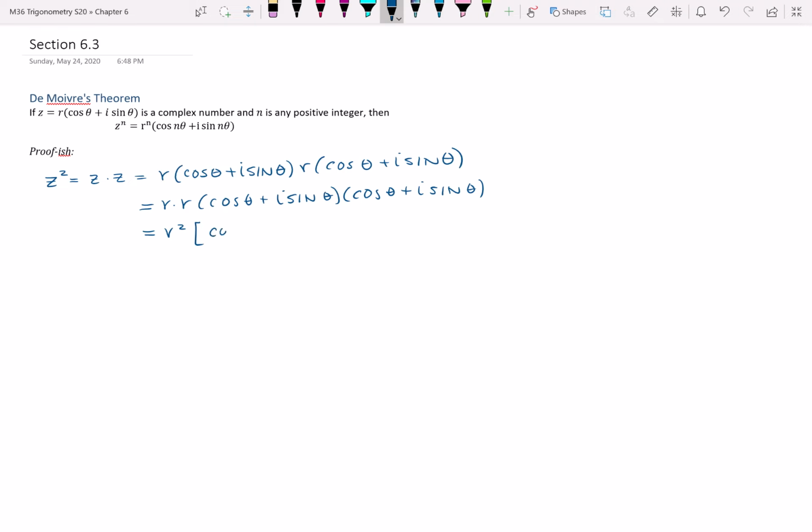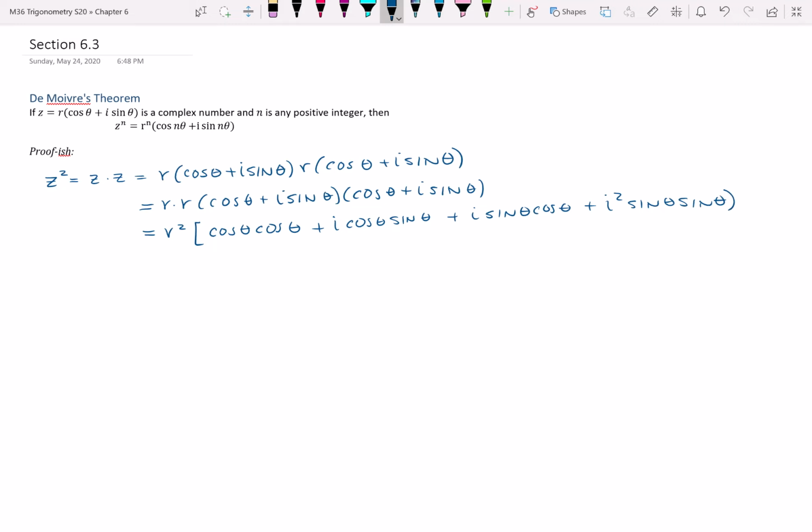So we get cosine of theta times cosine of theta, and then plus i cosine of theta sine of theta. The next one is plus i sine of theta cosine of theta. Last one, plus i squared sine of theta sine of theta.